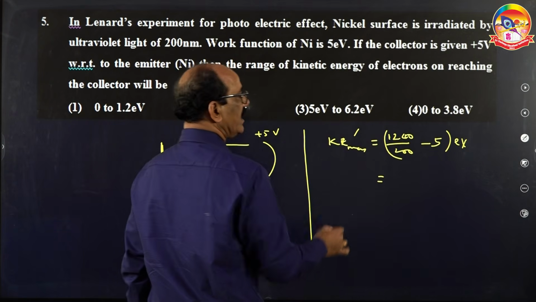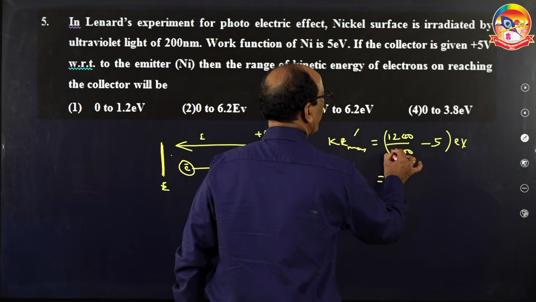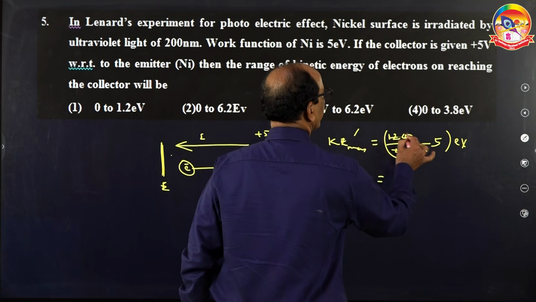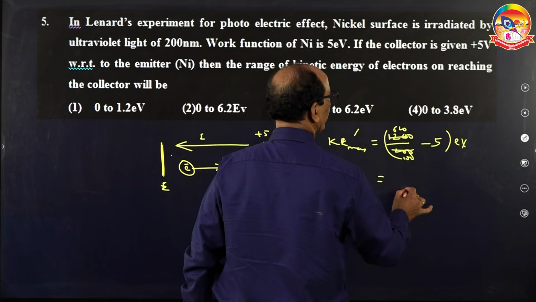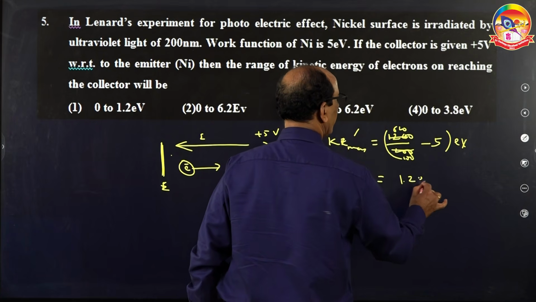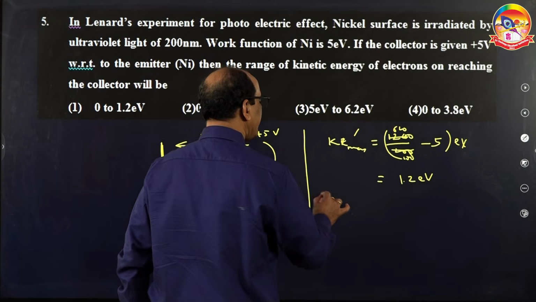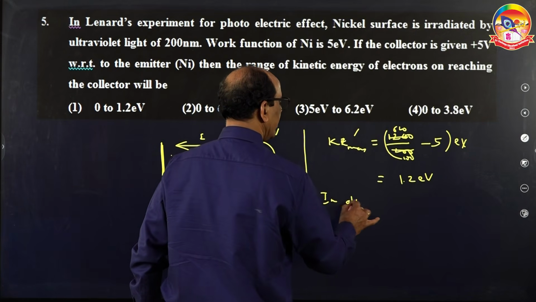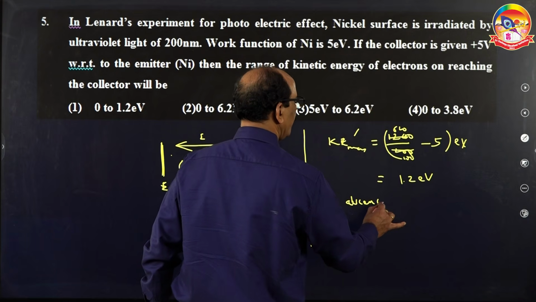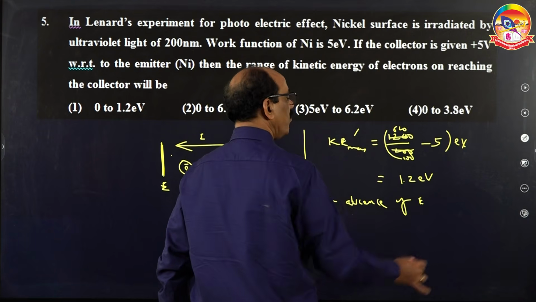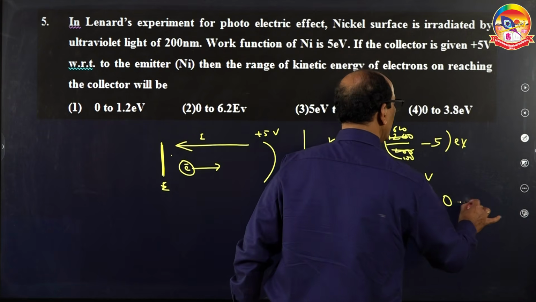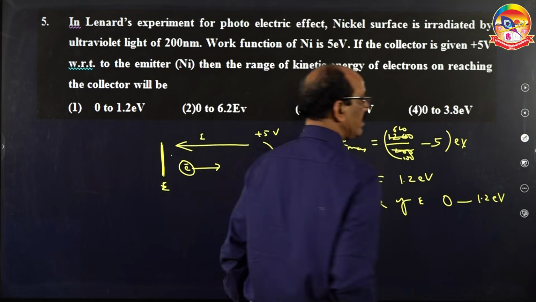That is 620 by 100, therefore 6.2 minus 5, that happens to be 1.2 electron volt. So the range of kinetic energies in absence of the electric field would have been 0 to 1.2 electron volt.